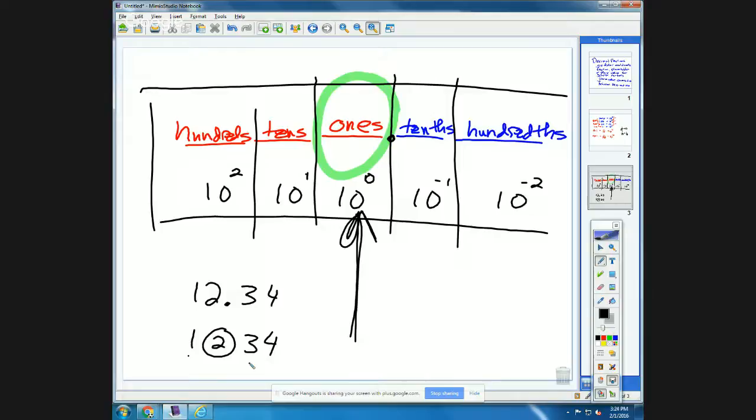Or maybe they'd underline the ones position so we could tell what it was. So it took a while for the way we write decimals today to evolve, somewhere between 200 and 300 years. It's fairly standard throughout the world, but not totally standard still. Some countries say, no, we like the comma better than the period.